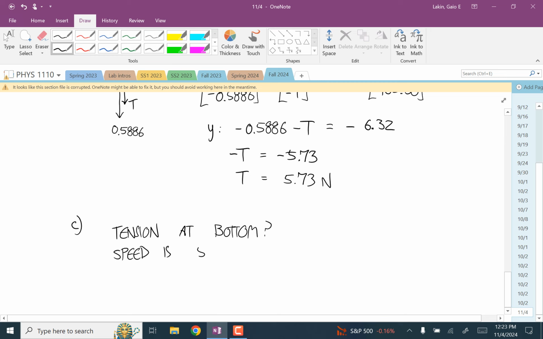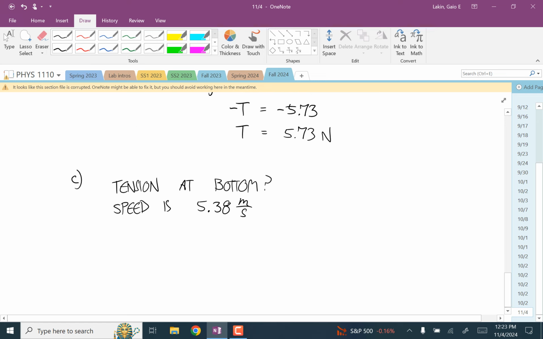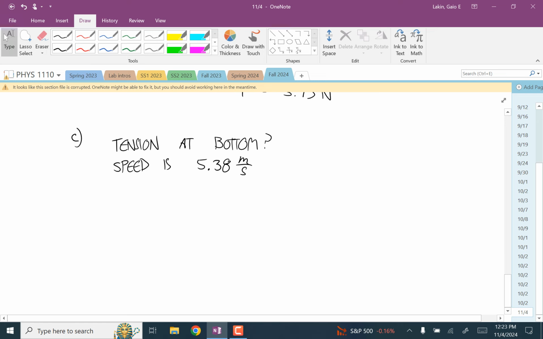At the bottom of the circle, the speed is 5.38 meters per second. So here's our circular path. We're at the bottom here.